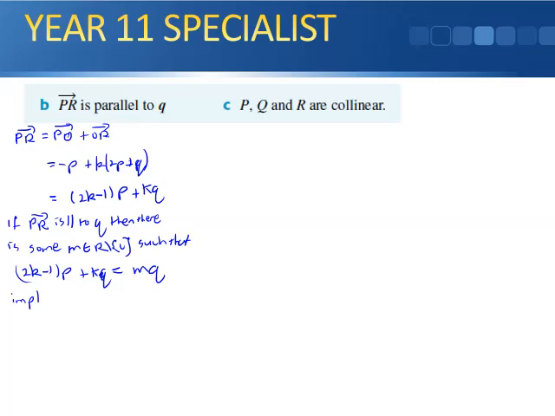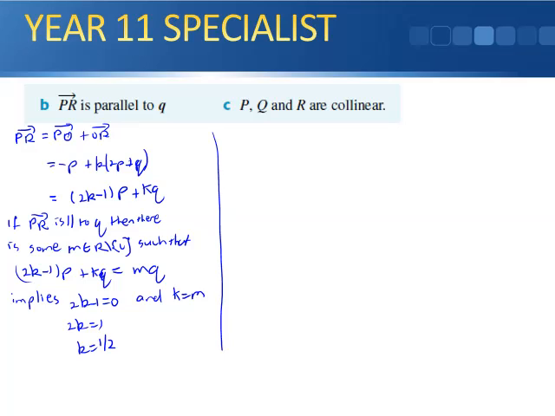This implies that 2k minus 1 equals 0, and k equals m. That's not going to help us, but here 2k will equal 1, k will equal a half. Now, we should note that since the points O, P, and Q are not collinear, the vectors p and q are not parallel. So just to note that.